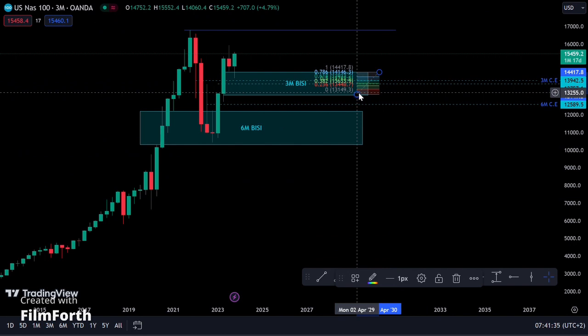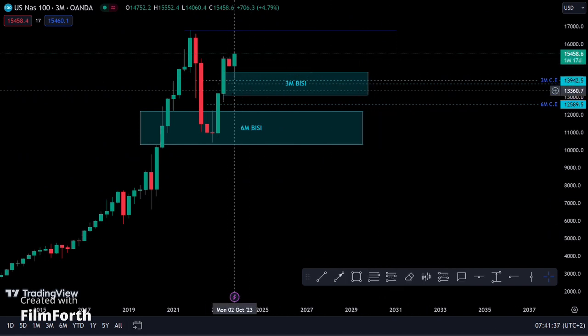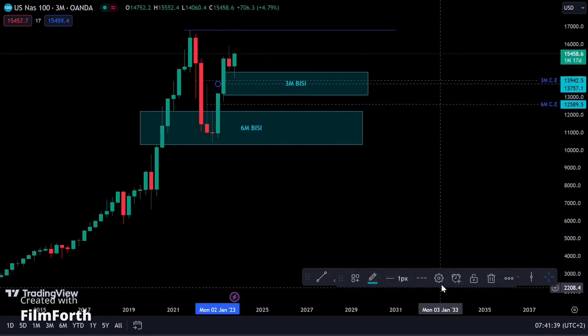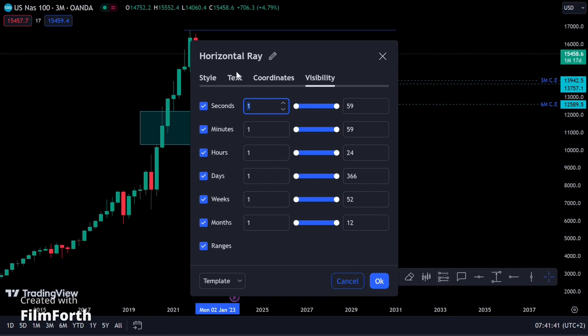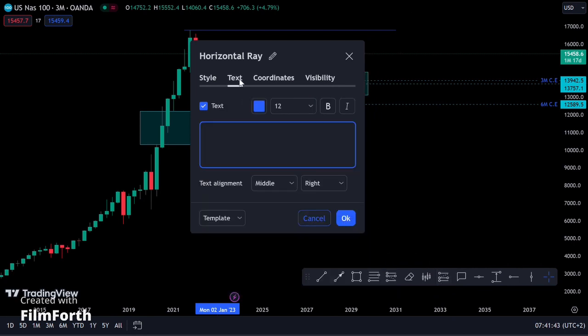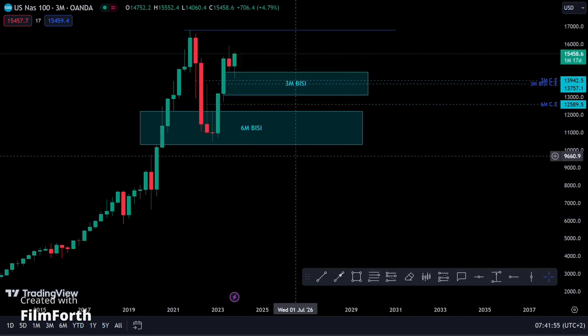That's the 50% mark of that fair value gap right here. So it takes 3 month BC CE. CE is for consequent encroachment, meaning the 50% mark of the area.